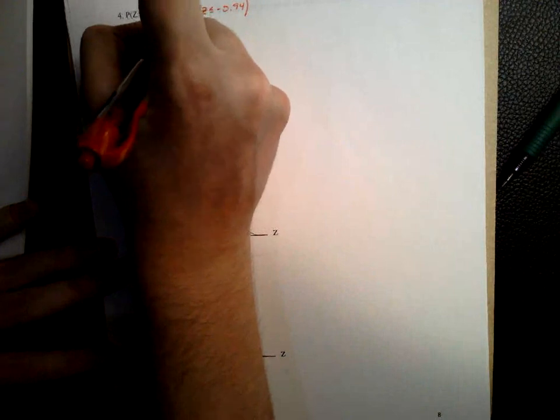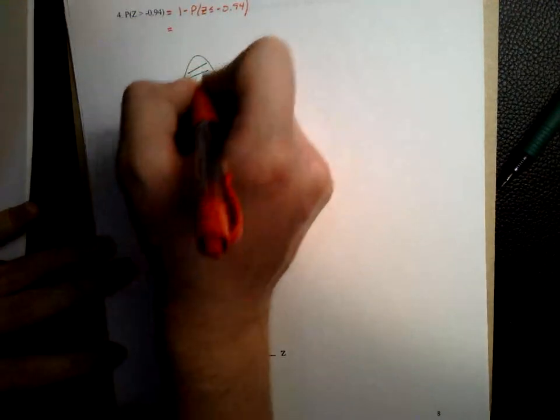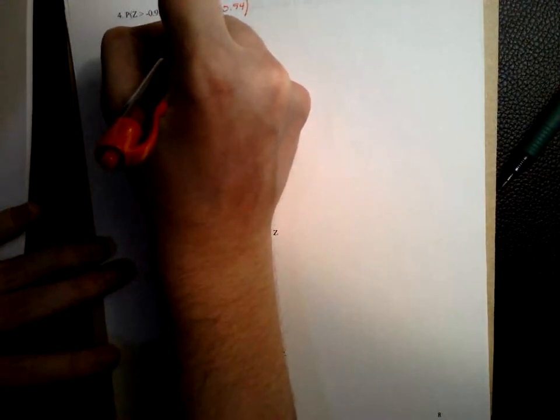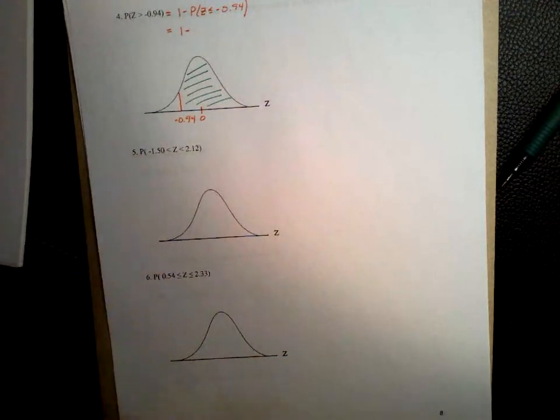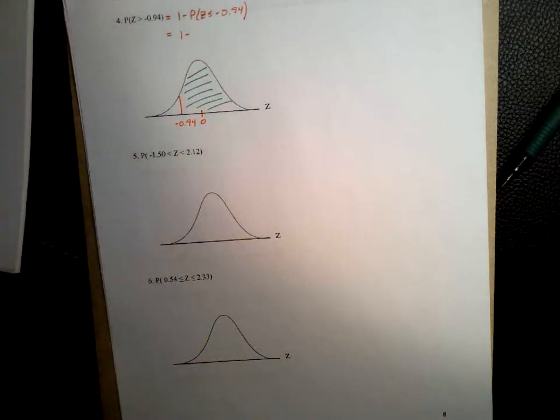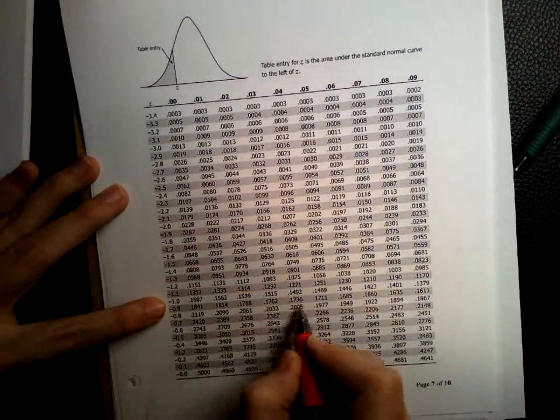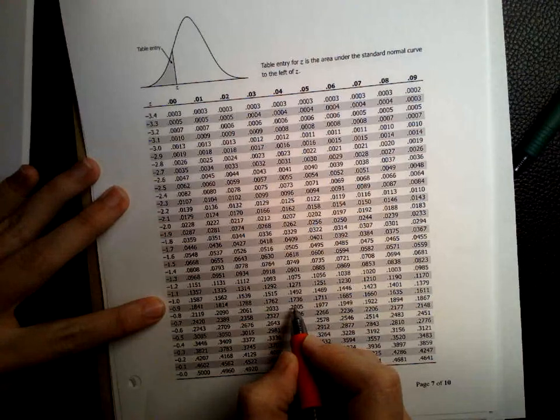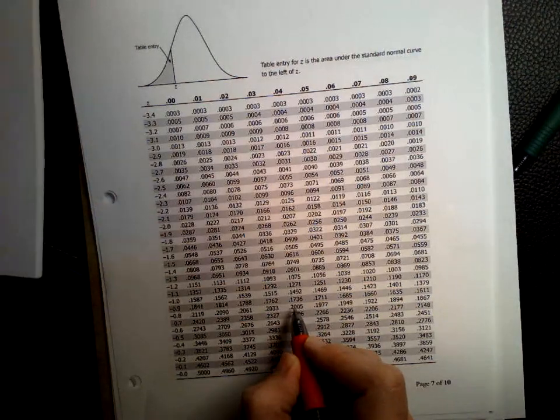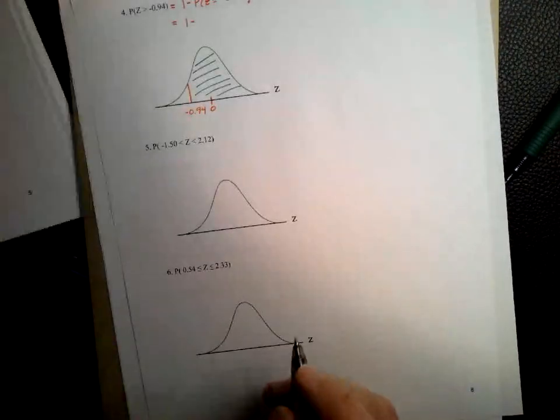Now, looking up the area to the left here in the table, the probability of z being less than or equal to negative 0.94 is 0.1736.